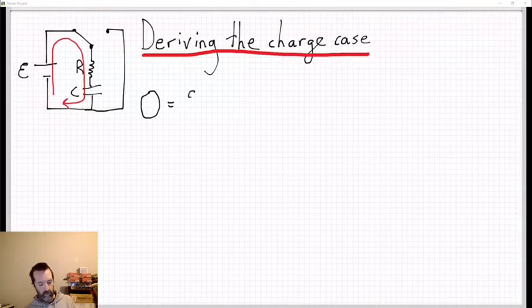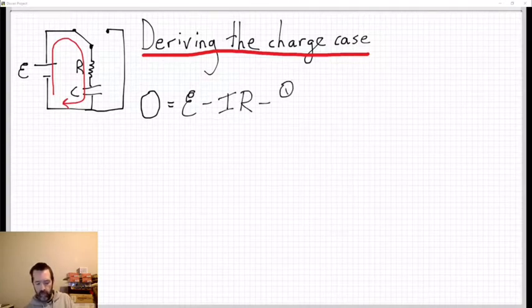So the loop rule is going to read E minus IR minus Q over C. Notice the capacitor term is negative this time because I'm moving from the plus plate to the negative plate. So V is decreasing when I go through the capacitor, so I need a minus sign on that term.